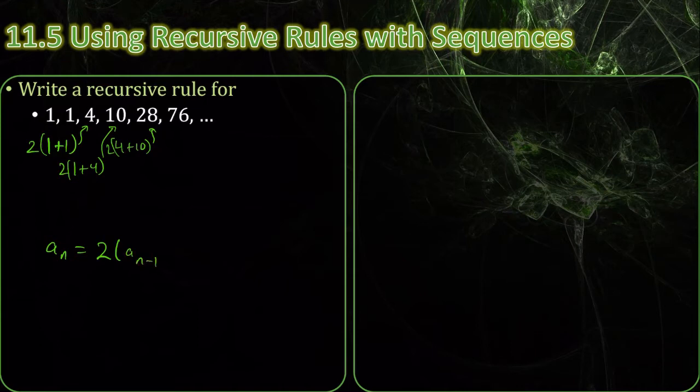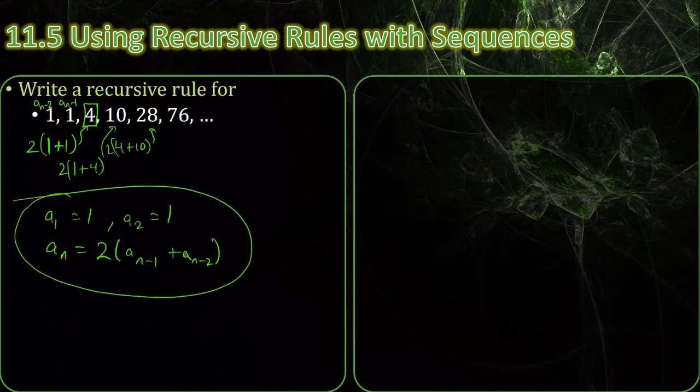So a sub n minus 1 is the one before, and a sub n minus 2 must be 2 before. So if I'm looking at 4, this is a sub n minus 1, and this would be a sub n minus 2. So I'm adding those together and multiplying by 2. But then we have to say where we start. And since we're going 2 spaces back, we have to have the first 2 terms.